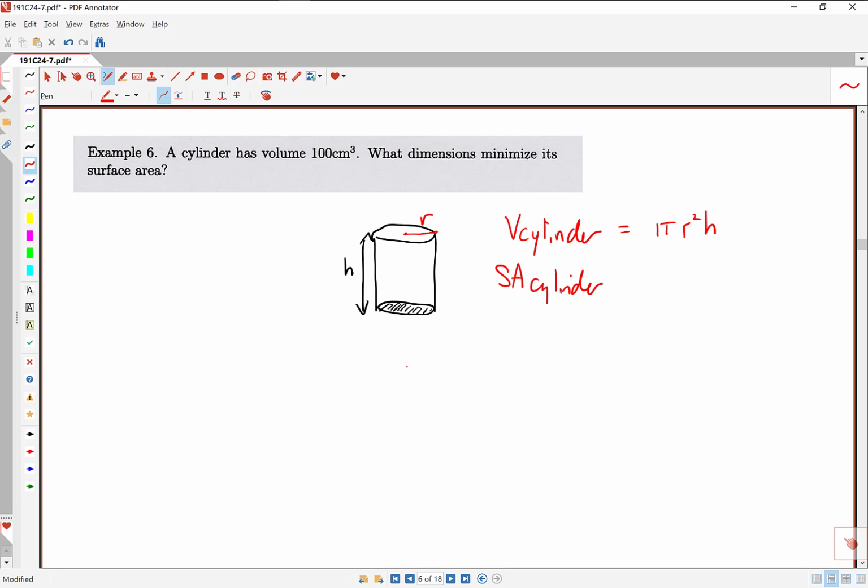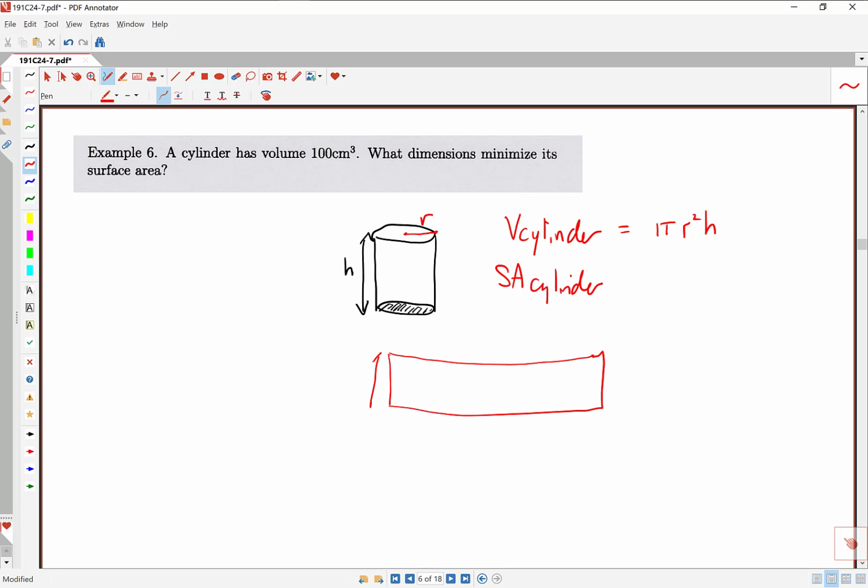Now, for the surface area of the cylinder, imagine this cylinder were something like a can of soup. So you could imagine peeling off the label of the can of soup. And if you unfold that label, what it's going to give you is a rectangle. So imagine just peeling off that label, unfolding it, laying that piece of paper flat. That's going to be a rectangle.